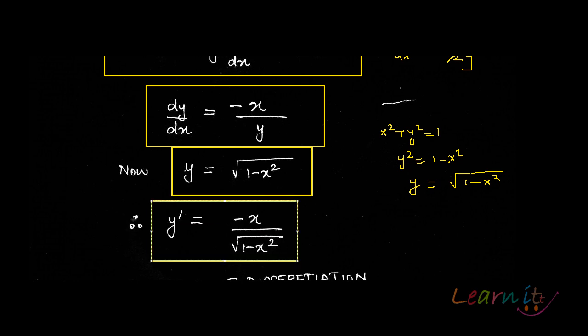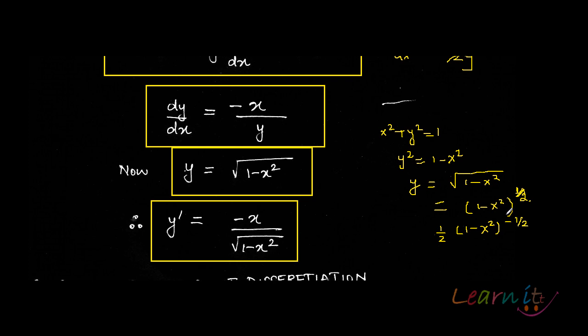How do I get this? Now I'll just give you a brief of that also. Now y equals 1 minus x square to the power positive half. So this makes it half, 1 minus x square to the power minus half, because this will essentially be half minus 1, which is minus half.